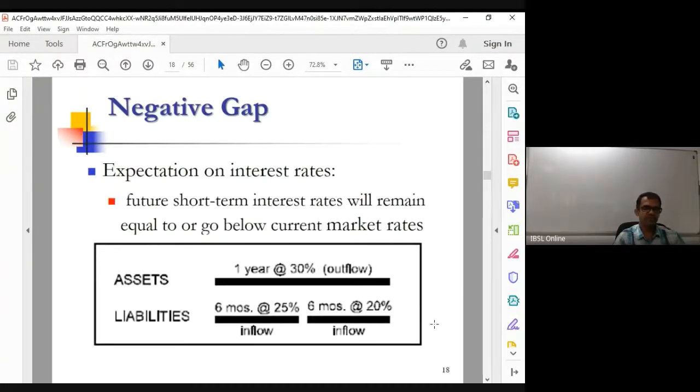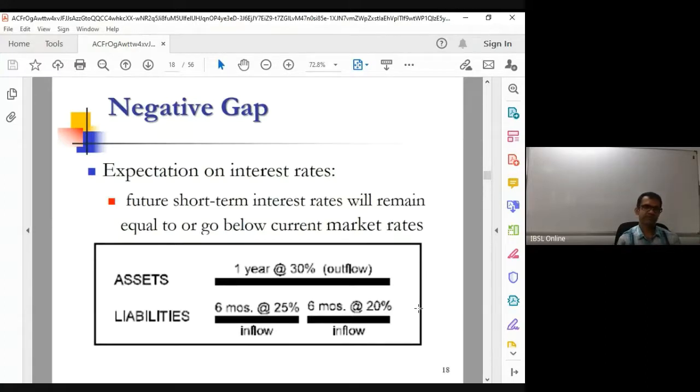Assuming in this example that interest rate goes to 32% or 35% for the second 6 month period, you have to borrow at a higher rate than this 30%. So the net interest income is negative. The bank incurs a loss. That's the first thing. You face the market risk, interest rate risk.